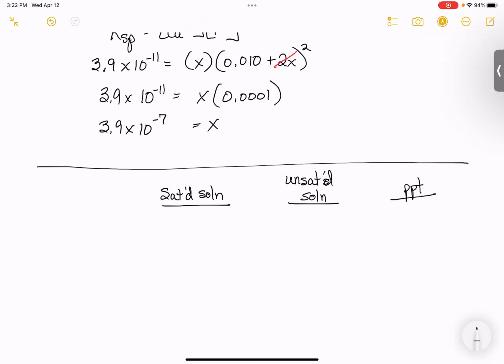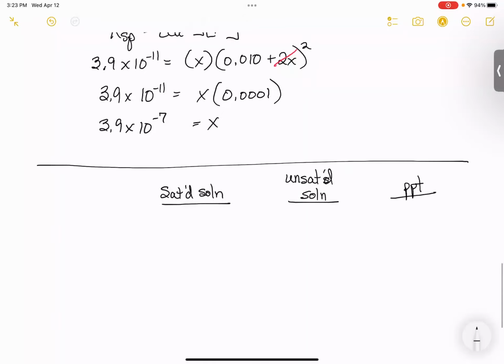So with respect to our calcium fluoride, if you just have calcium fluoride, if it comes out equal to the KSP, then it's going to be a saturated solution, because that is the maximum.